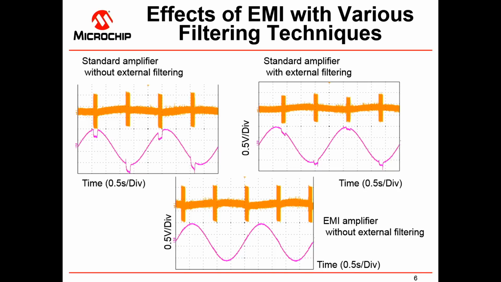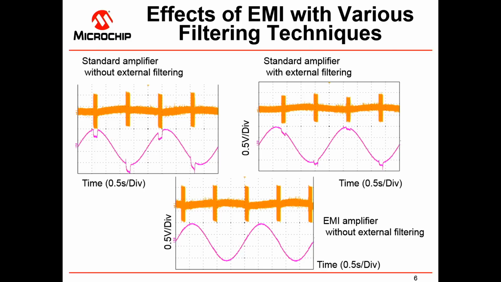This RF signal was applied to the inputs of a regular CMOS amplifier, and the output of the amplifier is shown on the lower purple curve. You see very clearly that every time an RF pulse occurs, we have a jump in the output signal.